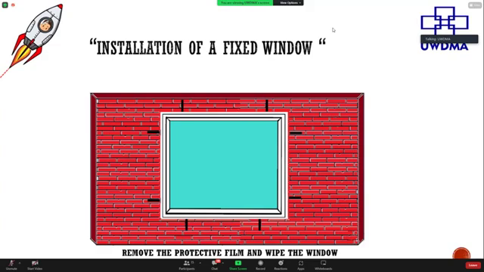But once your window is installed, please do remove the protective tape, because after some time, because of heat and sun, this protective tape will get corroded. And if the client calls you and tells you to please remove this tape after 1 month of installation, I'm telling you it won't come off. Okay, it will break into small parts, and it will be big trouble for you to remove that protective tape. So once the installation is done, please do remove the protective film and wipe your windows.